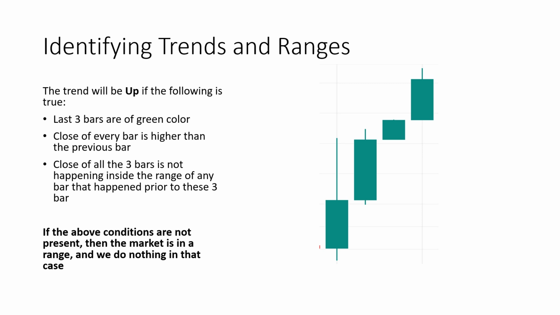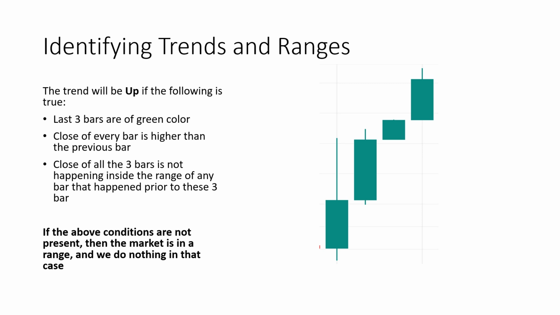And the third is that the close of all three bars is not happening inside the range of any bar that happened prior to these three bars, which means these three bars should not be inside the high and the low of any prior bar. Remember, that's the criteria of a range.